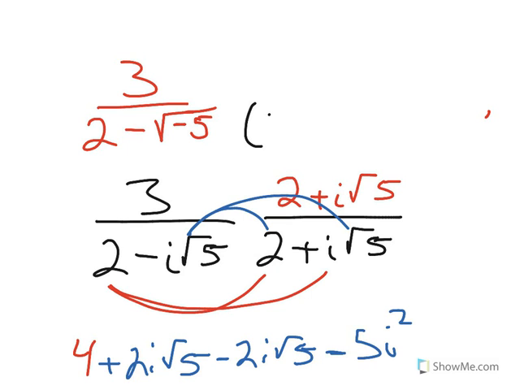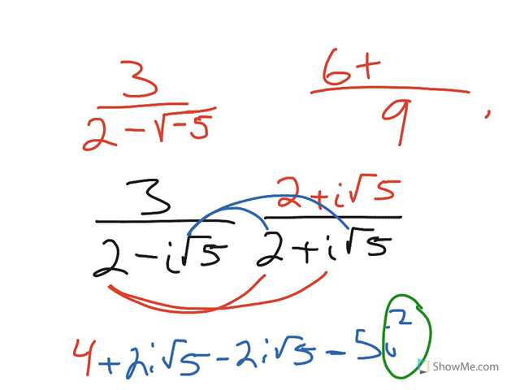So the only difference from the problems we did yesterday to today is that i squared is going to change my 5 to a positive. So instead of subtracting my bottom numbers, I'm going to be adding them. So my answer is going to be 9 on the bottom, and on top 6 plus 3i square root of 5, because all I did was multiply 3 times 2, and then 3 times i square root of 5.